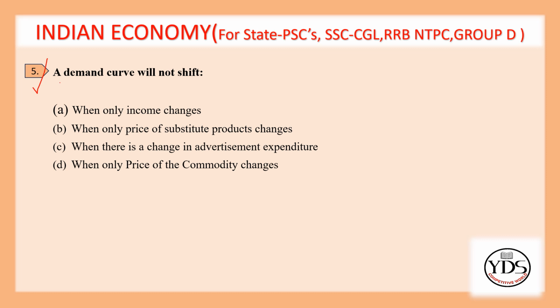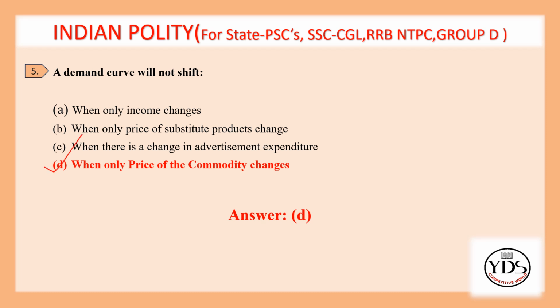Fifth question, a demand curve will not shift when only income changes, when only price of substitute product changes, when there is a change in advertisement expenditure, when only price of commodity changes. Option D, when only price of the commodity changes is the correct answer.